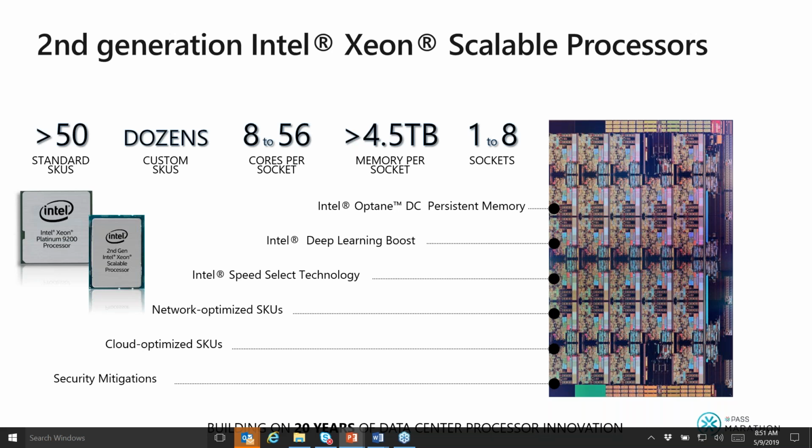With our new Optane data center persistent memory, which I'll talk about how SQL takes advantage of later, we're able to do up to 4.5 terabytes of memory per socket. And unlike our competitors in the industry, we're able to scale from 1 socket to 8 sockets in a single server node. That gives us the capability to really scale up your database with huge performance.